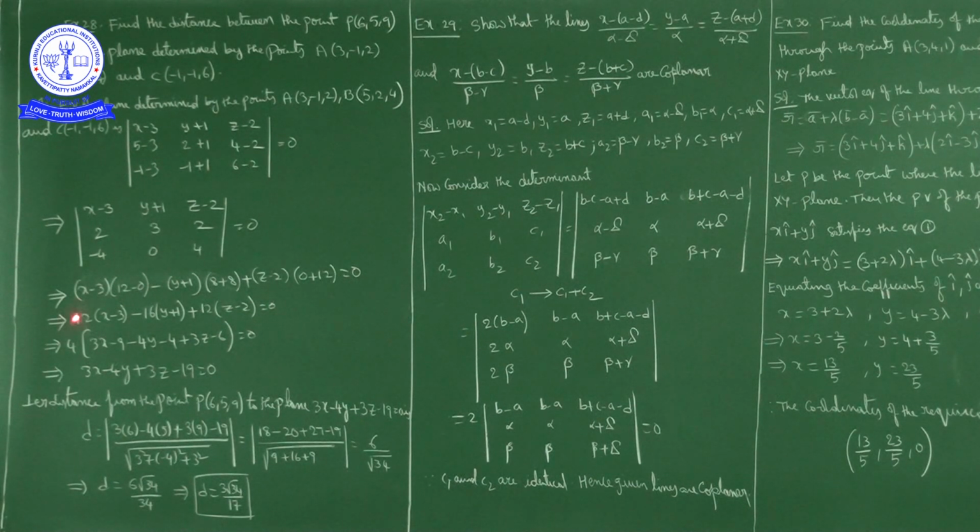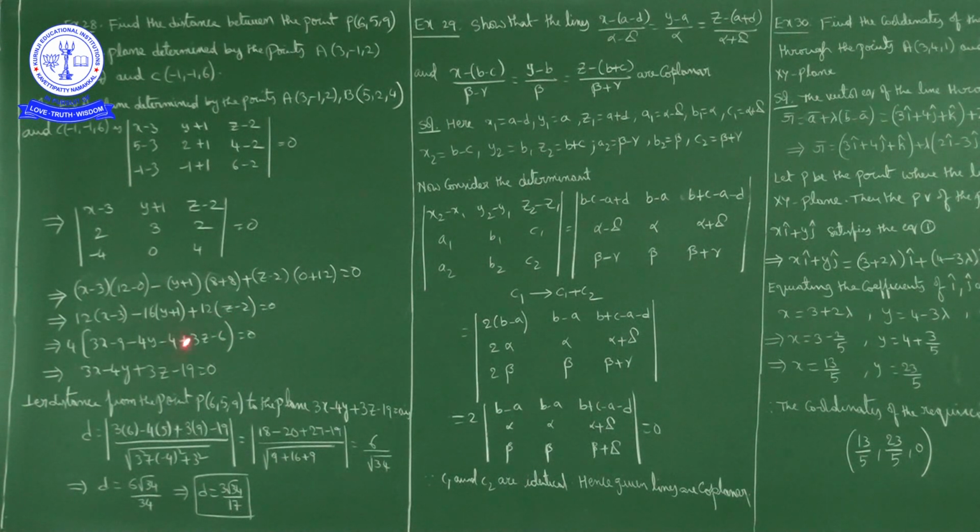Now if you observe here, 12 into x minus 3, minus 16 into y plus 1, plus 12 into z minus 2 equal to 0. Each term is a multiple of 4, no? So I'll take 4 outside. 4 outside means 3 into x minus 3, so 3x minus 9; minus 16, 4 outside means 4 here, so minus 4 into y plus 1, that is minus 4y minus 4; out of 12, 4 into 3 we can write, 4 outside means 3, so 3z minus 6 is equal to 0.